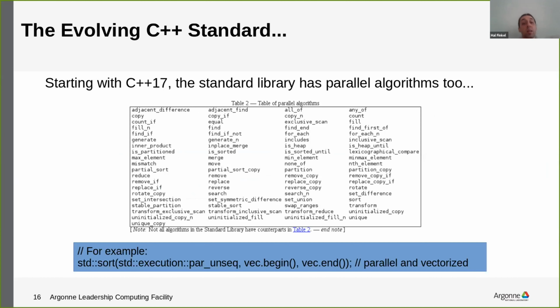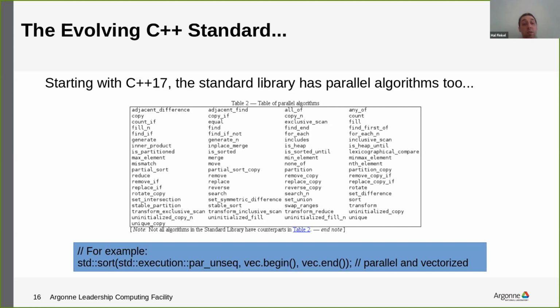Okay. The other thing is that all of these things are leading into changes into the C++ standard itself. So starting with C++17, the standard library adopted parallel algorithms. So with your standard algorithms, you can have parallelized and even vectorized execution of different algorithms. This works to varying degrees depending on the algorithm and the implementation in terms of performance.